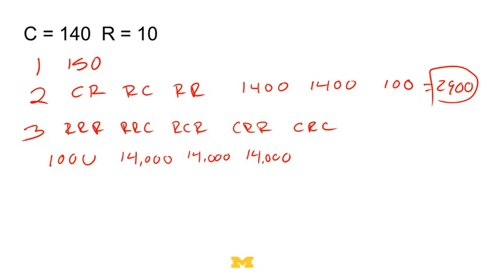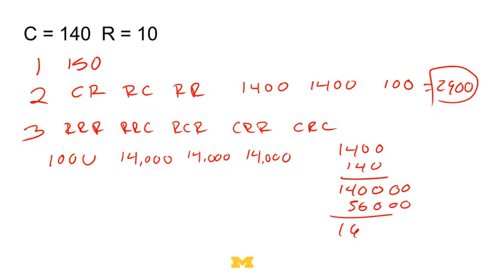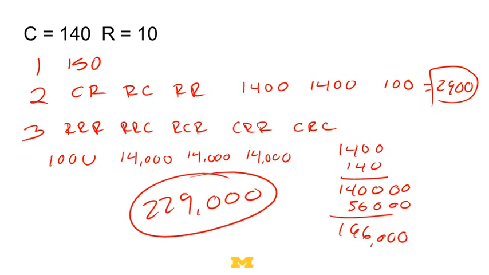And then here I've got 140 times 10, which is 1,400 times 140, which is going to give me 196,000. So when I add all this together, I'm going to get 229,000 3 neighbors. So that's a lot. I've got 151 neighbors, 2,900 2 neighbors, 229,000 3 neighbors.